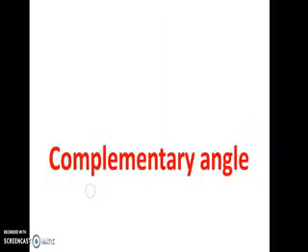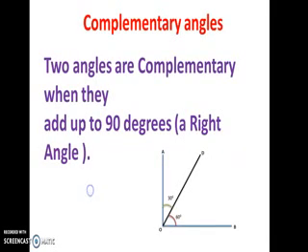The first one is complementary angle. Two angles are complementary when they add up to 90 degrees, I mean a right angle. Here in this picture, two angles are formed, isn't it? That is angle AOD and angle BOD, and the sum of these two angles is 90 degrees.